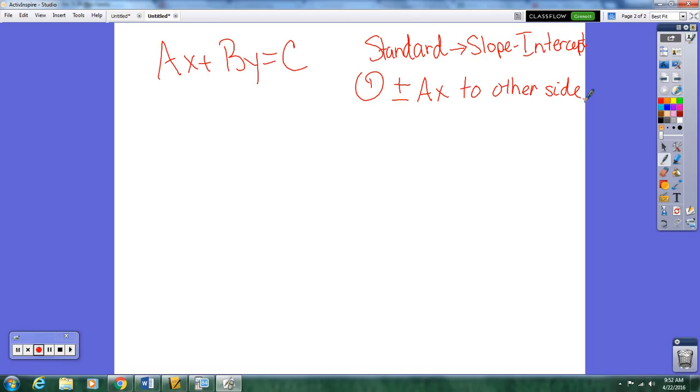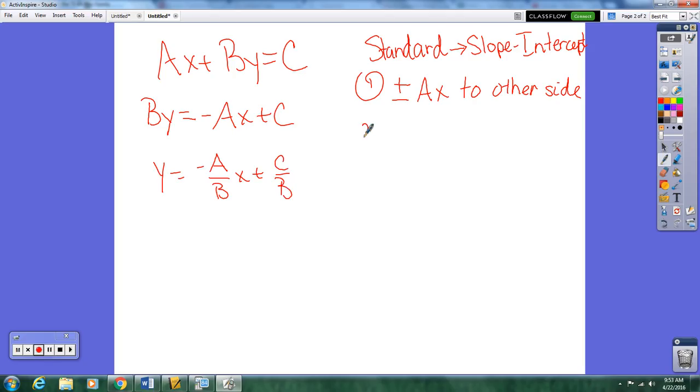So we moved that Ax over, so that left us with By equals, in this case it's positive, so negative Ax plus C. Now the whole goal is trying to get that y by itself, so what do we do there, Sam? Divide everything by b. So you end up with negative a over b x plus c over b.